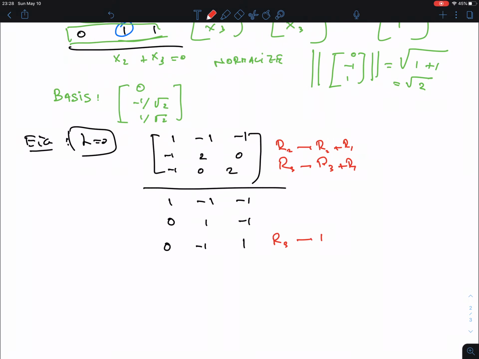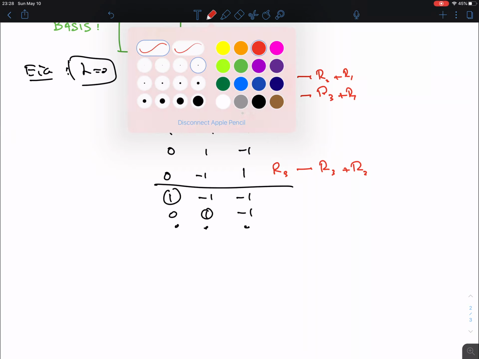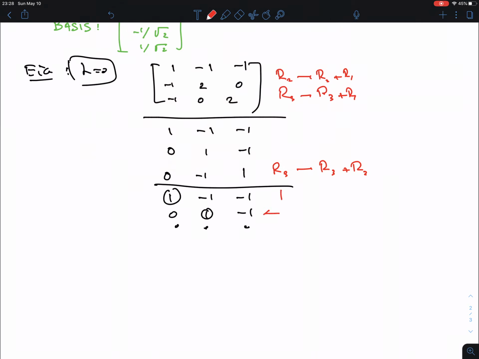I see already what's going to happen. Row 3 plus row 2. 1, minus 1, 0, 1, negative 1, and this is going to be 0, 0, 0. Okay, so we have our two pivots, but above this last one I need a 0, so I have to do one more thing. Using this row, where now we're going from bottom to top, row 1 is row 1 plus row 2.